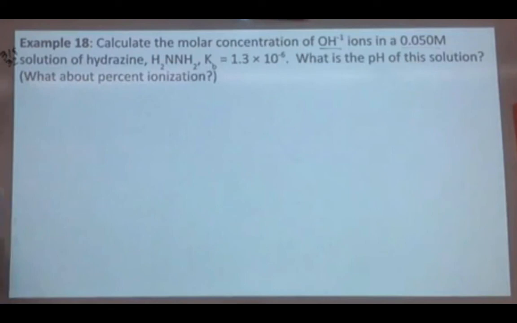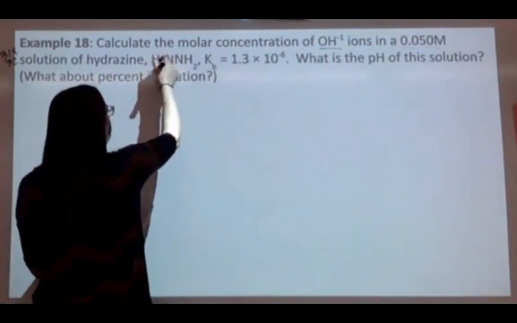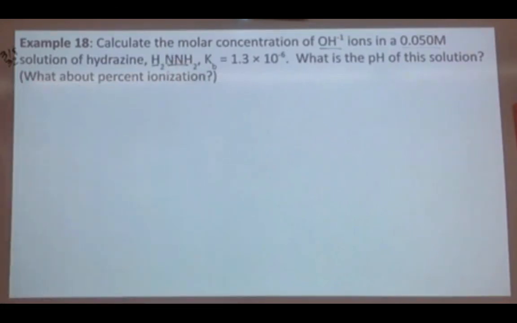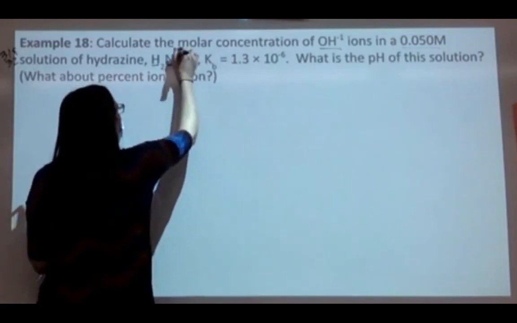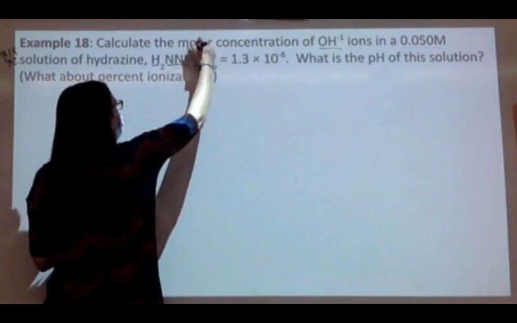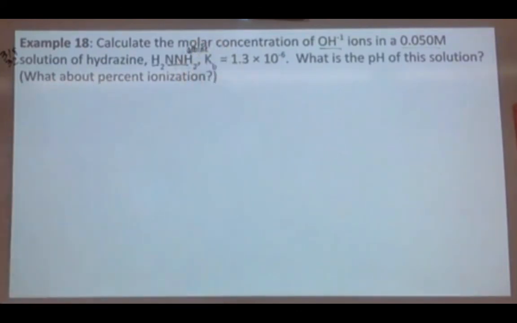Now, one way to know that this is a weak base is that when you have substances that have NH2, when you have this NH2 group at the end, that's called an amine, A-M-I-N-E. It's an organic functional group.